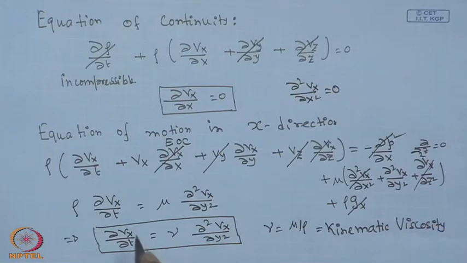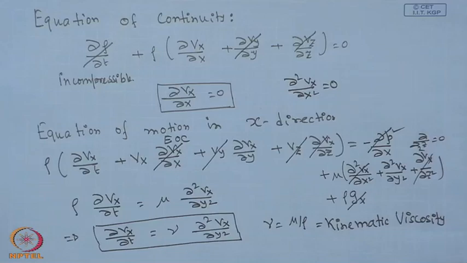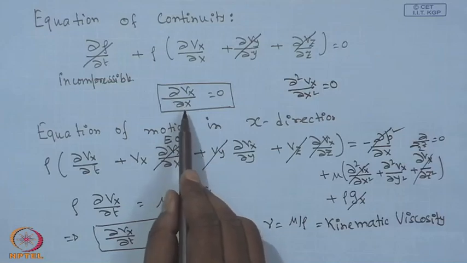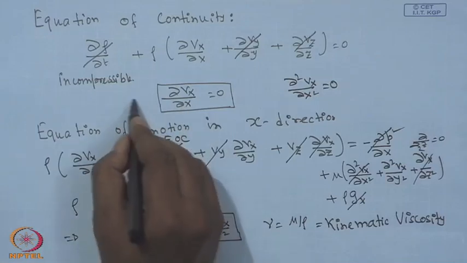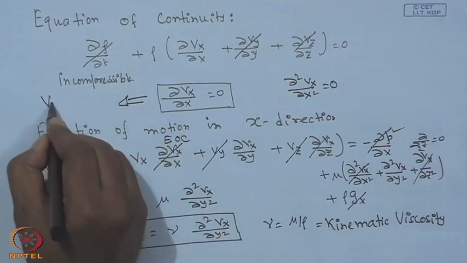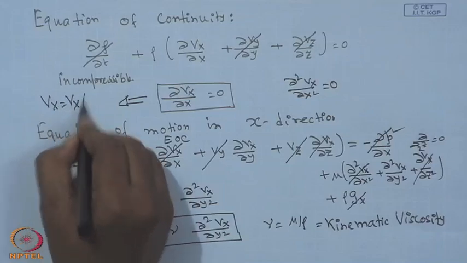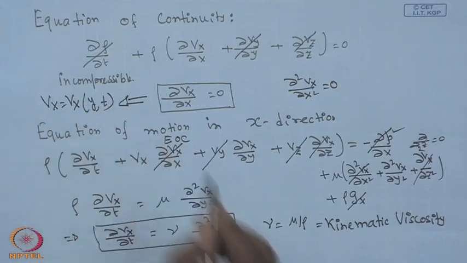Now, if you see this equation, V x is a function of time and y. That can be interpreted from the equation of continuity as well. If you look into the equation of continuity, del V x del x is equal to 0, this simply means V x is a function of y and t.